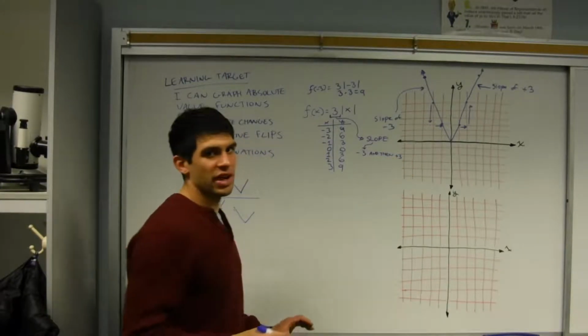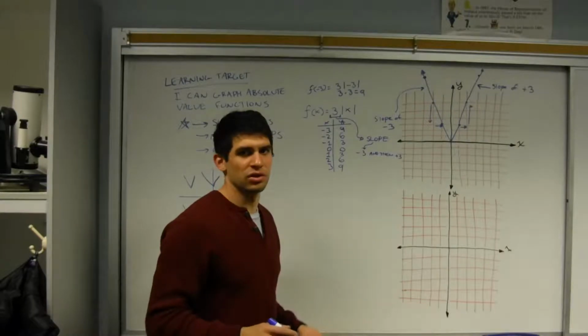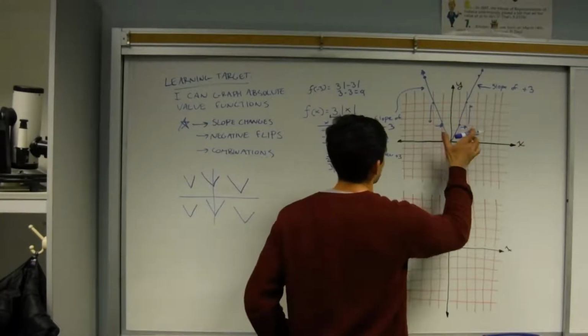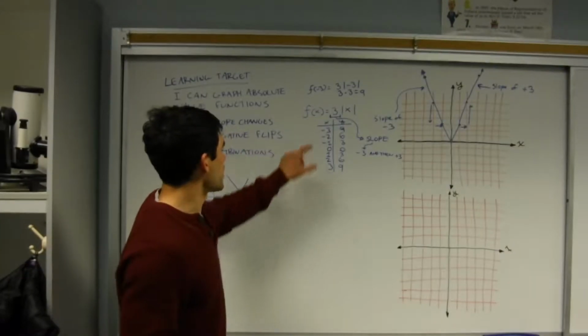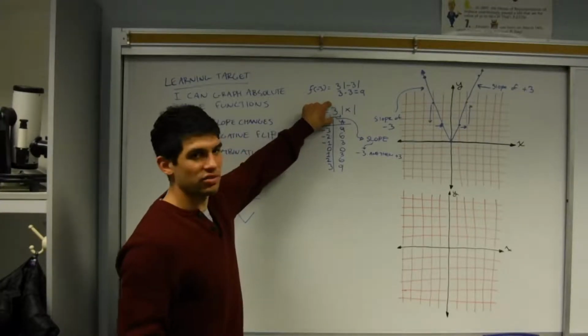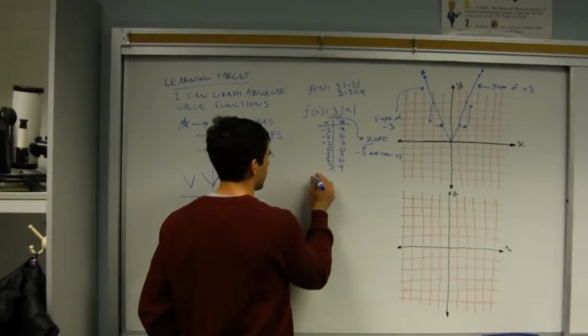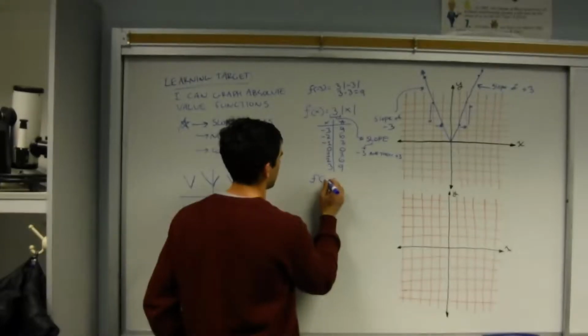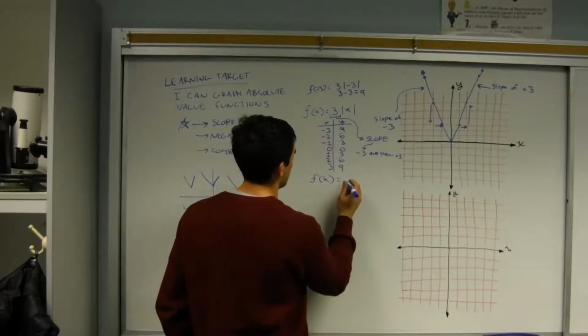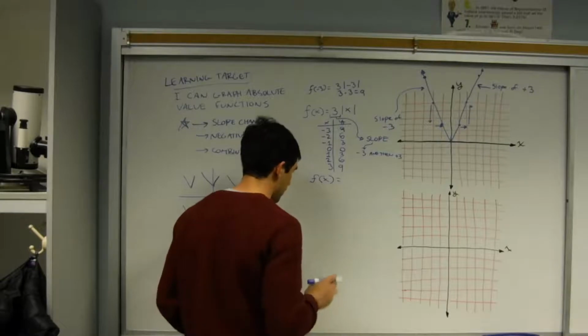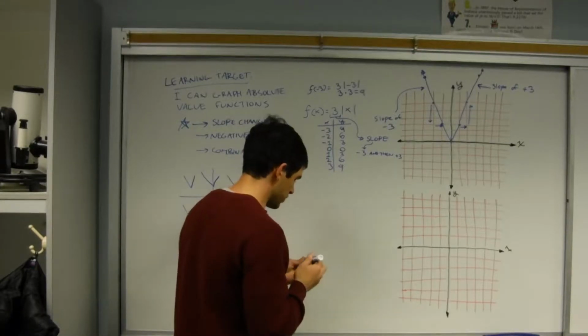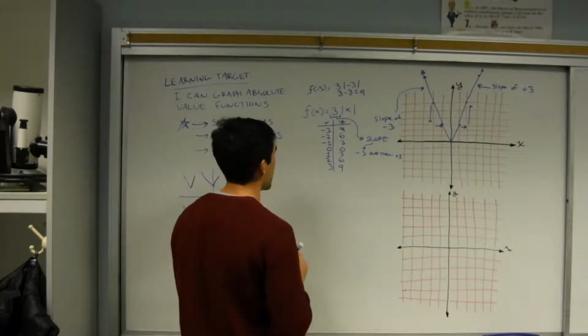Because all absolute value functions will have two different slopes for different parts of the graph. So now that we know this rule, just like with the horizontal and vertical shifts, we can very easily graph other slope changes.